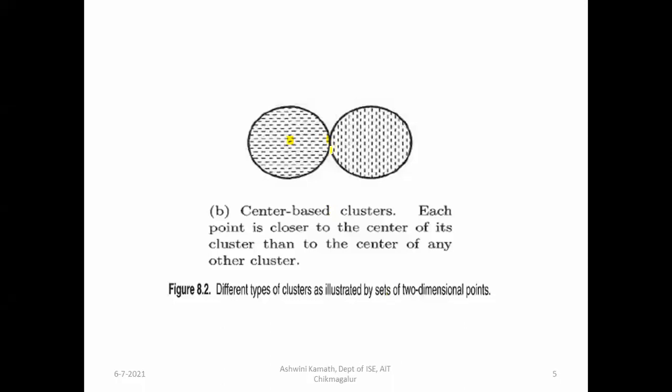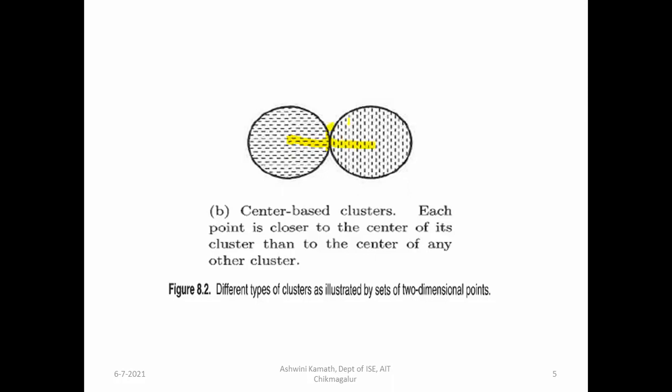For example, consider this one on the border of this cluster. This will be nearer to its own center than to the other. You can find the distance here: the distance between these two is lesser than the distance between these two.